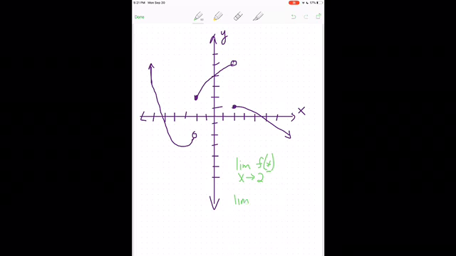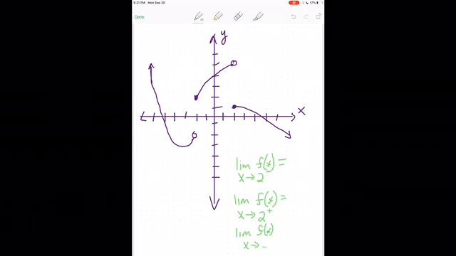What's the limit of f of x as x approaches 2 from the right? Let's do a couple more. Limit of f of x as x approaches negative 2 from the left. All right, let's start with these.